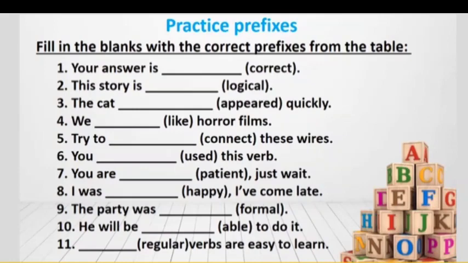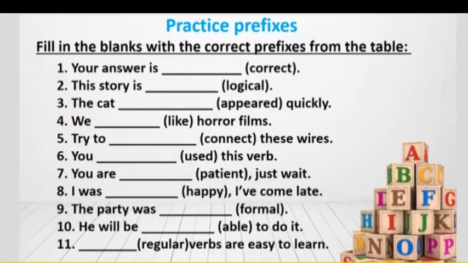Number 6, you (blank) used this verb, of course. Number 7, you are (blank) patient, just wait. Number 8, I was (blank) happy. I have come late. Number 9, the party was (blank) formal. Number 10, he will be (blank) able to do it. And number 11, (blank) regular verbs are easy to learn.